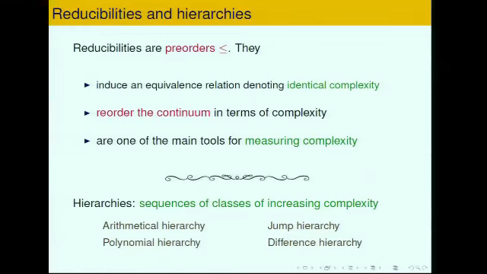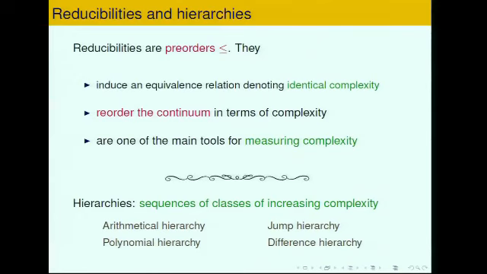We want to use these things to model what I said at the beginning. So a problem is at least as hard as itself, right, that's reflexivity. And also if a problem A is simpler than problem B, and problem B is simpler than problem C, then problem A should be simpler than problem C. So these are reasonable requirements.